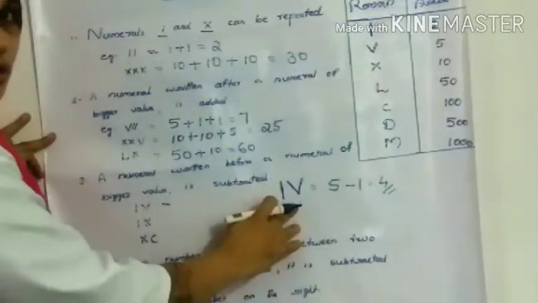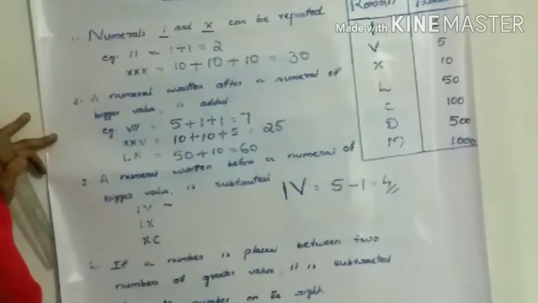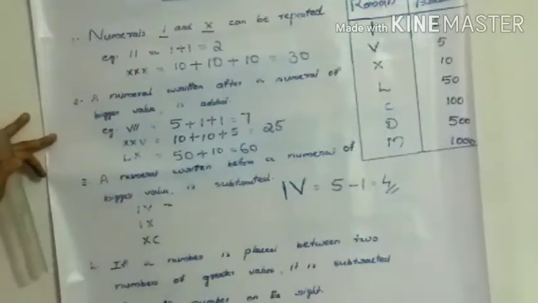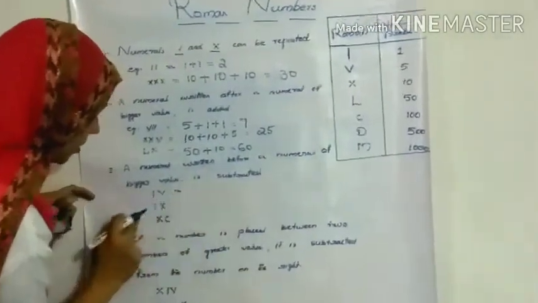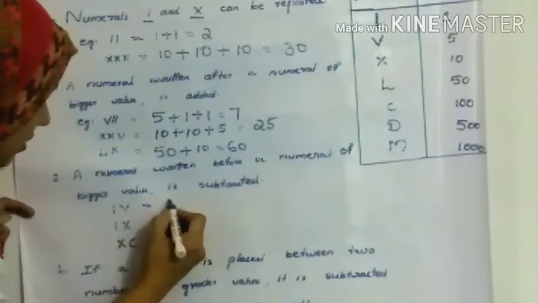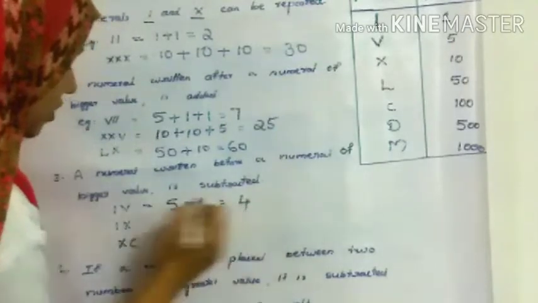After the bigger value, it can be added. Before the bigger value, it can be subtracted. The next example: 5 minus 1, which is 4.